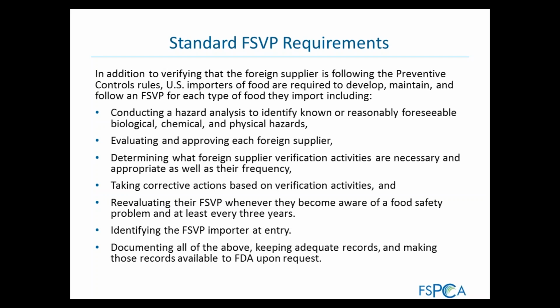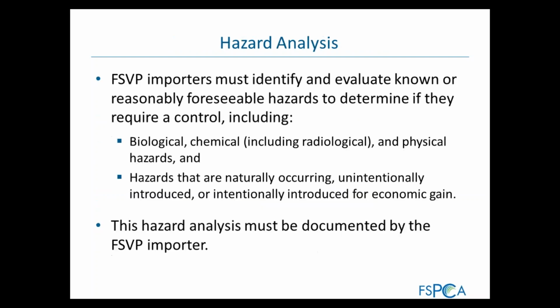Identify the FSVP importer at entry and document all of the above. So I think as we read through those, we see that pretty much follows the supply chain applied control process that we talked about in the Animal Food Rule.